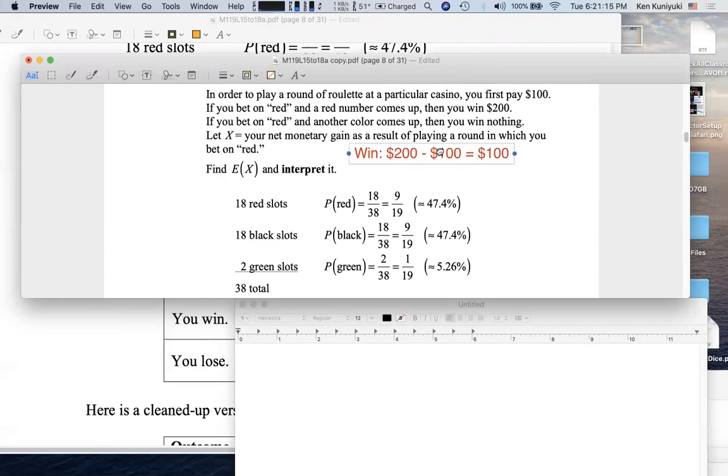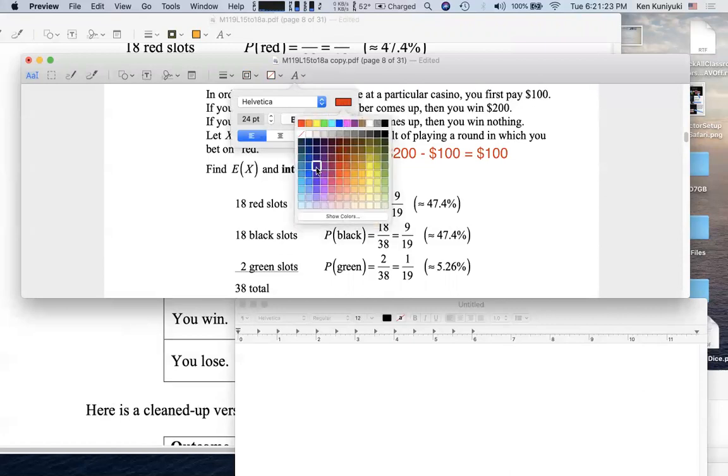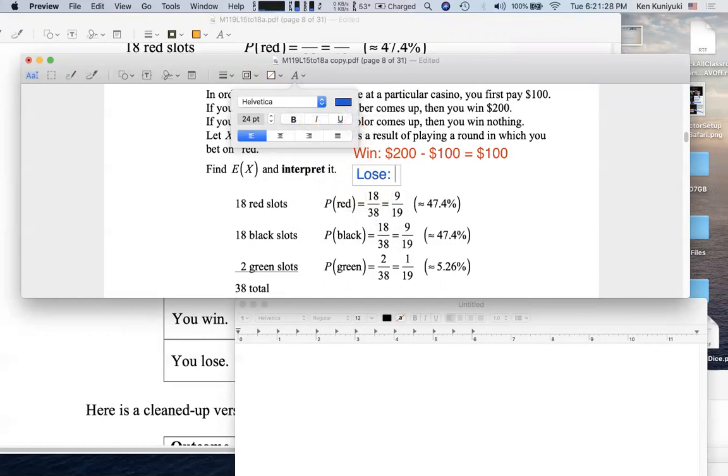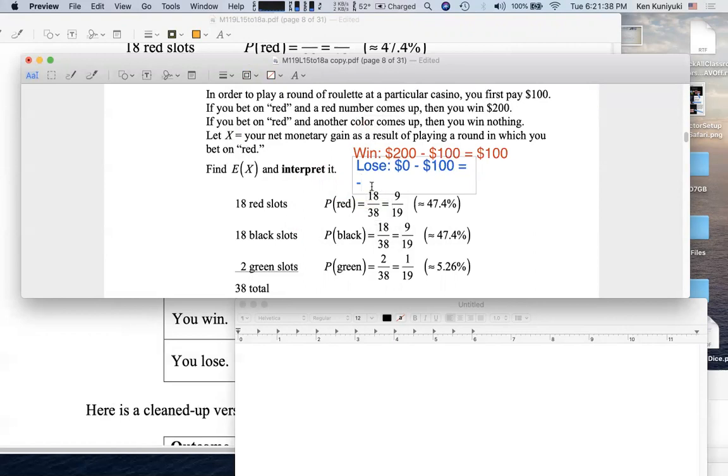If you lose, what happens if you lose? If you lose, then you win nothing, but you're still out the $100. So your net gain is negative $100, meaning you have a net loss of $100.